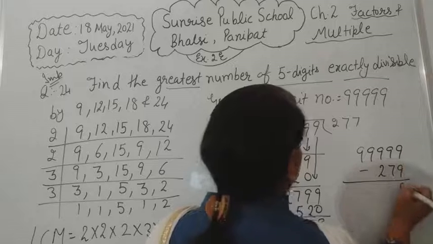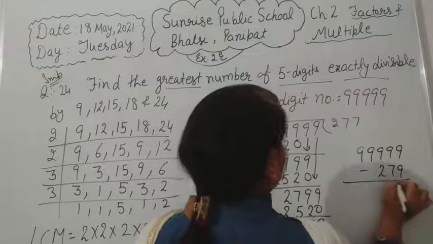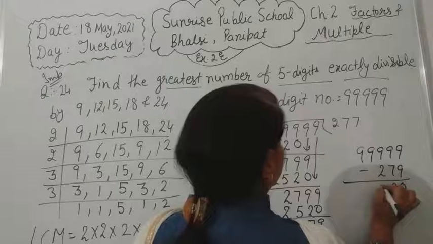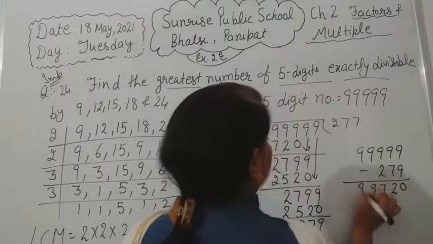After subtracting, our answer becomes 9 minus 9 is 0, 9 minus 7 is 2, 9 minus 2 is 7, then 9 and then 9.